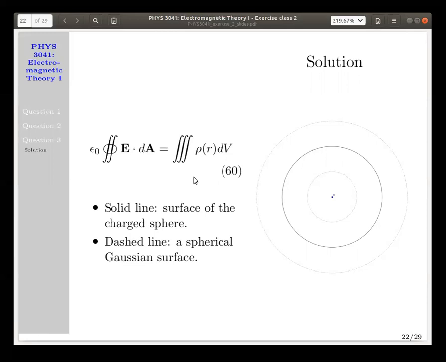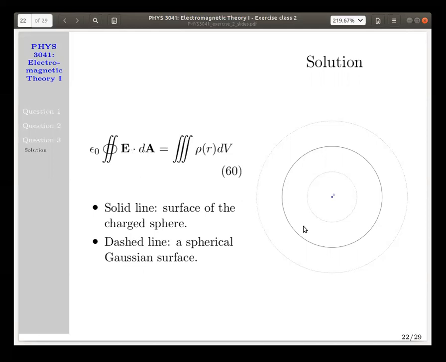The Gauss law relates the electric flux to the charge that is contained in the surface. So here is the integral of the electric field over a closed surface, and this quantity is the so-called electric flux.